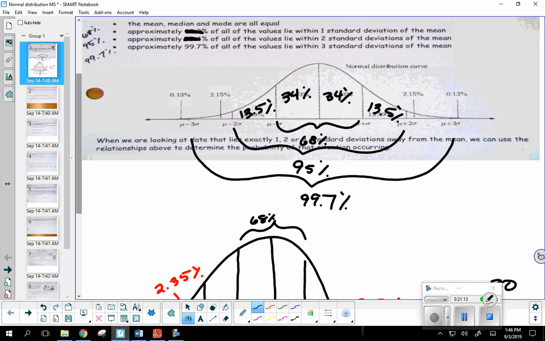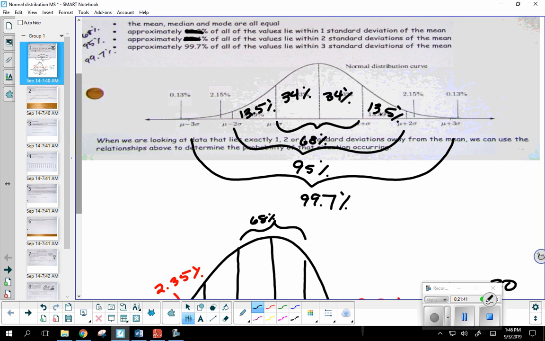There we go. Now, below the curve, within 3 standard deviations, you should be able to see 99.7% of the data. Okay. So again, we'll just continue to work our way out. We've already accounted for 95% in these 4 areas right here. 13.5 times 2 plus 34 times 2. Okay, so 99.7 minus 95. Okay, 4.7?